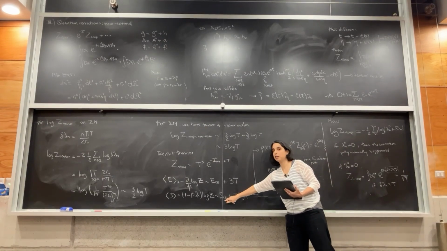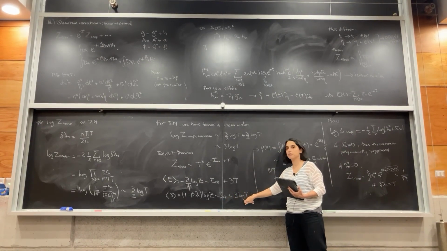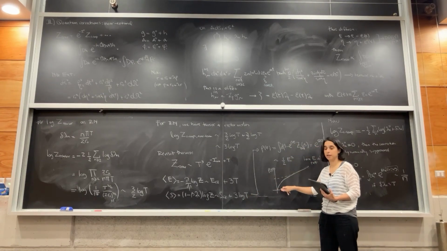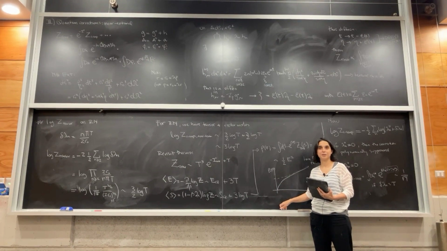That's coming from this part here, because we thought that that was the most important effect. This is the most important effect as you go to low temperatures and low energies. So the conclusion here is that extremal black holes have no entropy. Their density of states goes to zero as the energy goes to zero. And it's because of the quantum corrections that you're incorporating into the system.